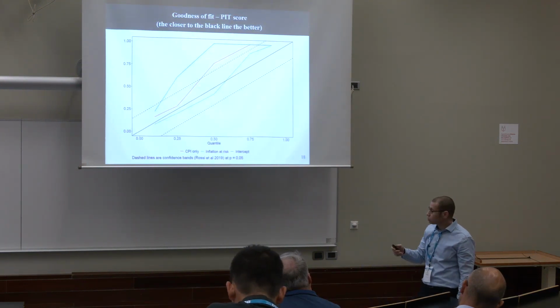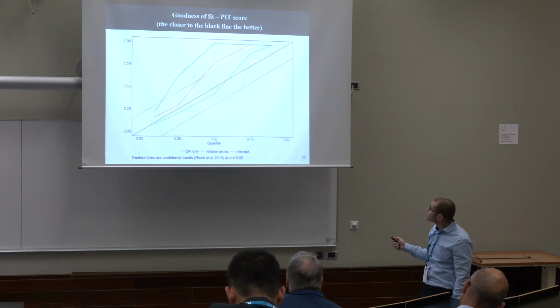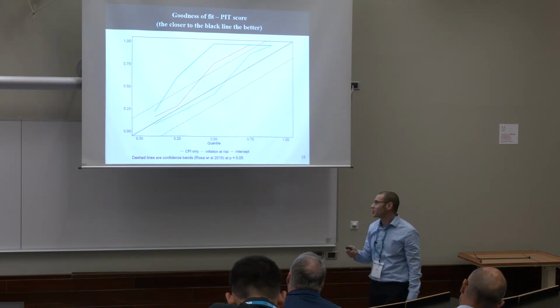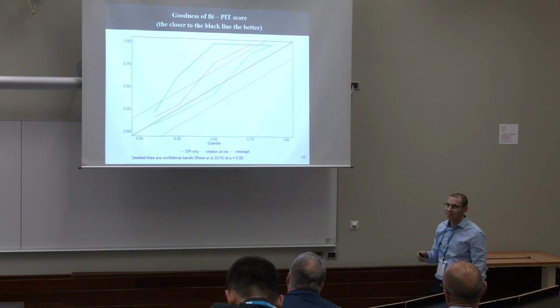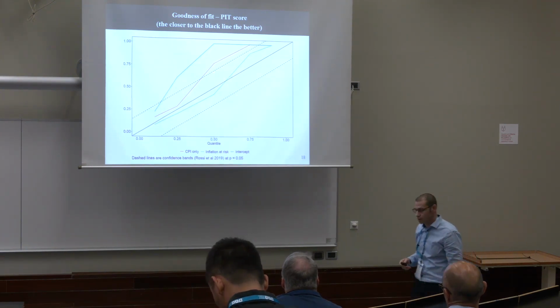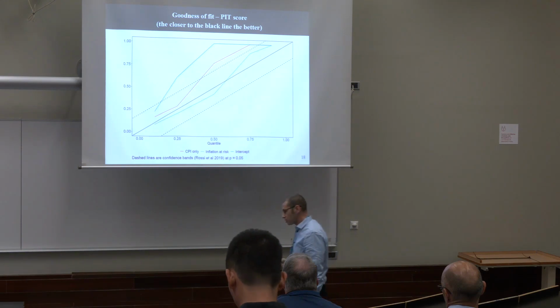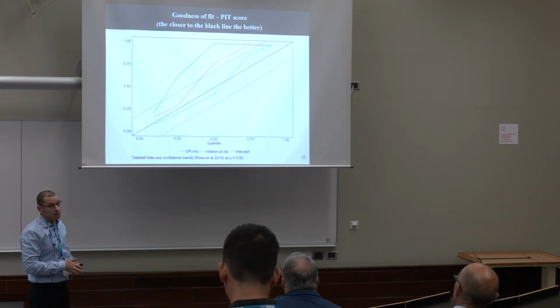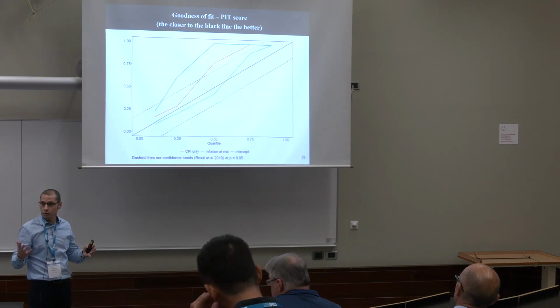From a graphical point of view, you want to be as close as possible to the 45-degree black line. And indeed, you can see that the green line, which represents our model, is the closest. It's also the only one that is inside the dashed significance band, meaning statistical significance. Now, the disadvantage of this score is that it doesn't take into account the magnitude of the errors.